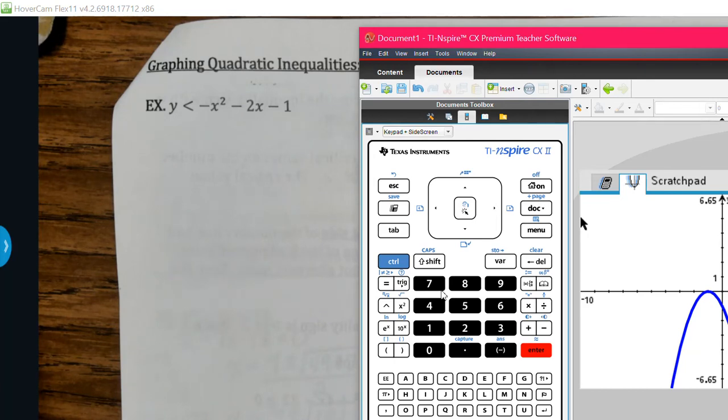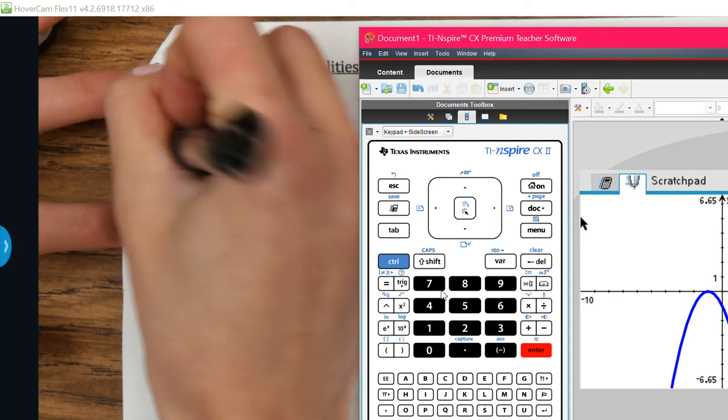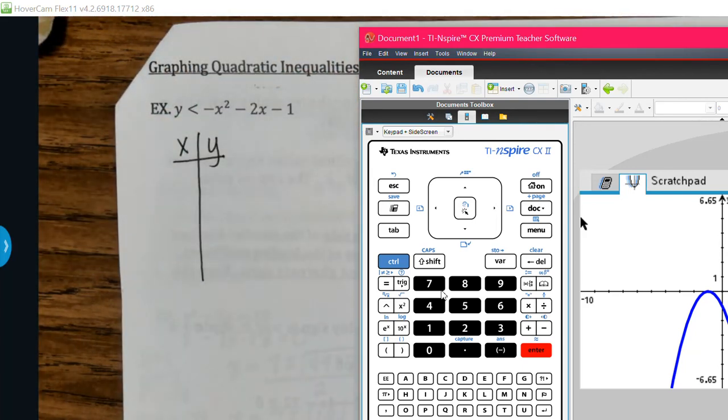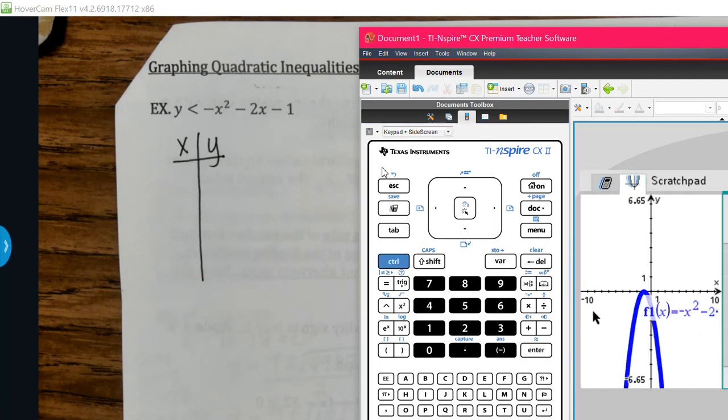Okay, now I want to see a table. Yes, you can get your vertex from the calculator, but I want to see a table. So what should my vertex be? Negative 1, 0. So I'm going to do Control T on my calculator and make sure that around that negative 1, 0, my y values are repeating because it's symmetric.